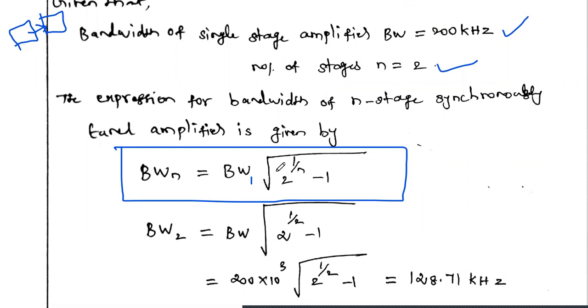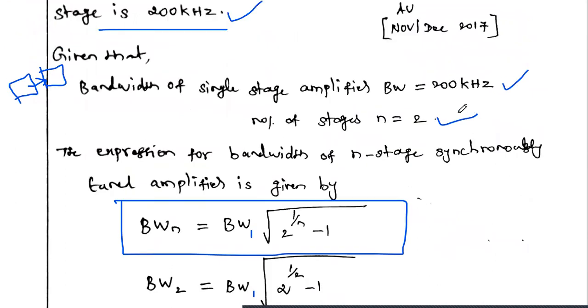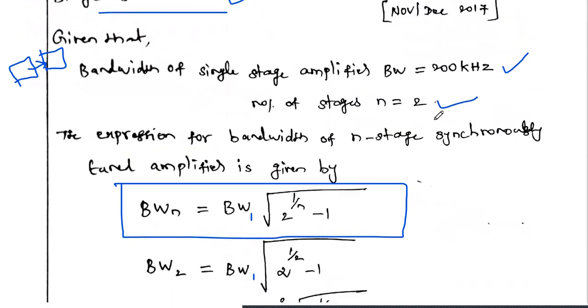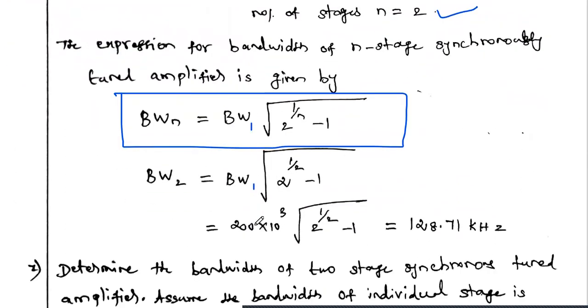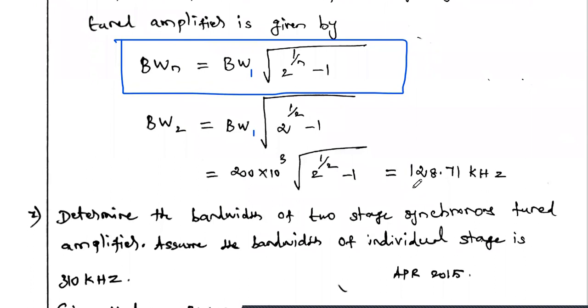The BW1 is the bandwidth of one stage, 200 kilohertz, and n equals 2. Substituting, 200 into 10 to the power 3 into square root of 2 to the power 1 by 2 minus 1. Solving, we get 128.71 kilohertz. This is the bandwidth of the two-stage synchronous amplifier.